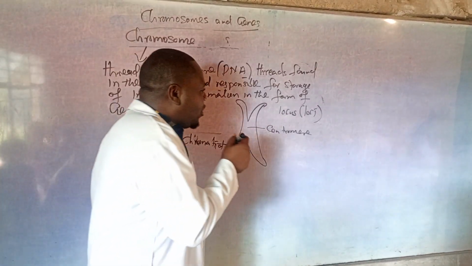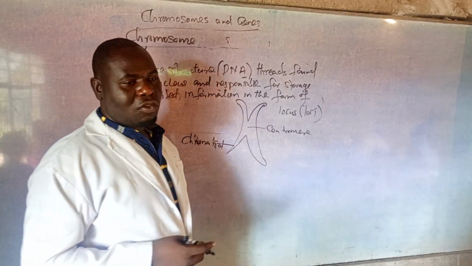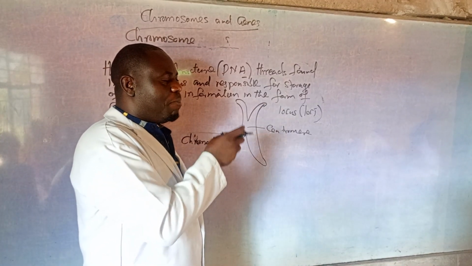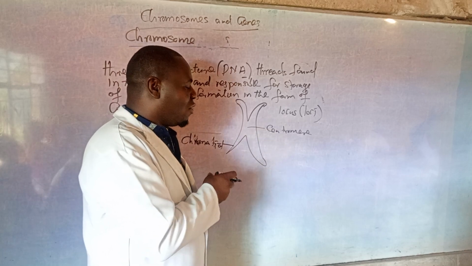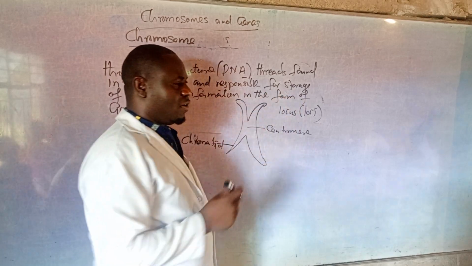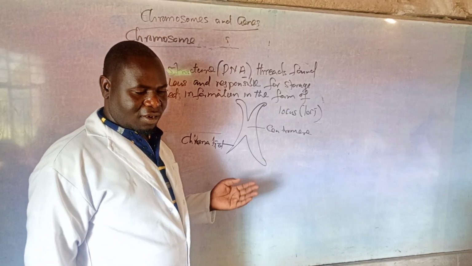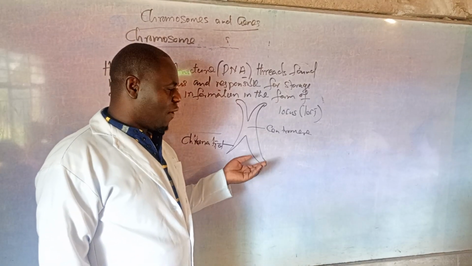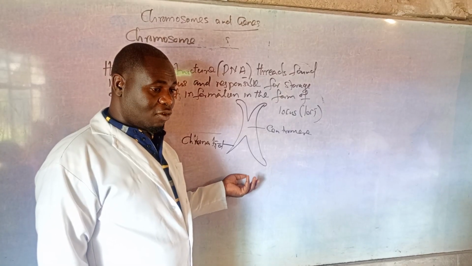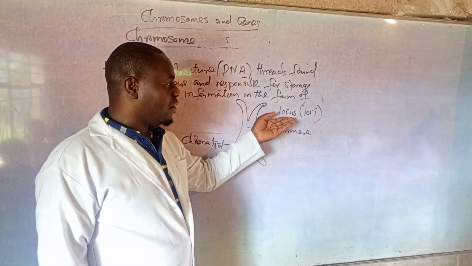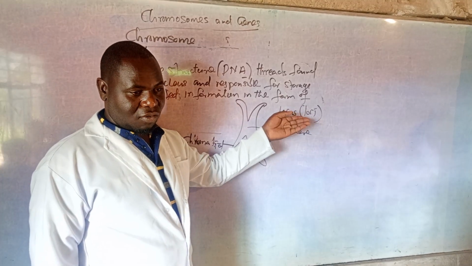At an exact point called the locus. The place or location where genes are located in the chromosome is called the locus.